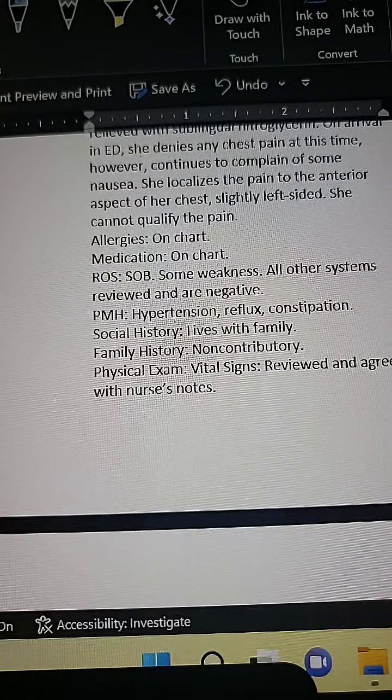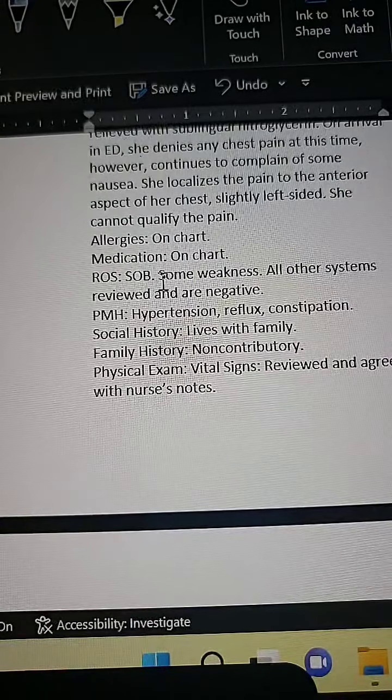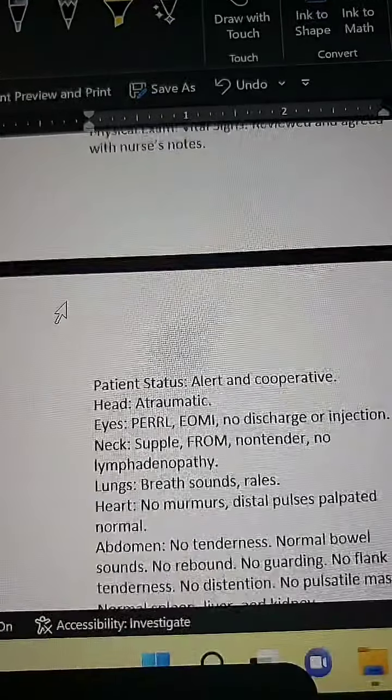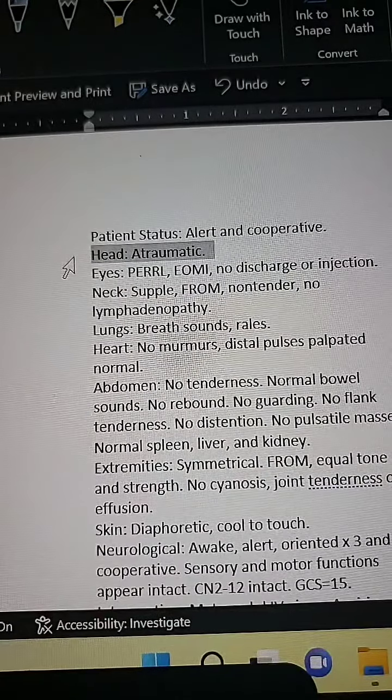I see they're doing a review of systems. Sometimes while I'm doing review of systems, I like to check off body parts just in case. Shortness of breath and weakness in all systems and all other systems. So they went through there.